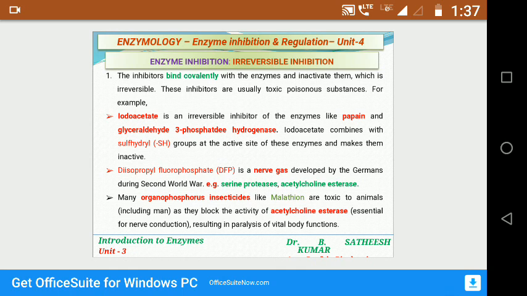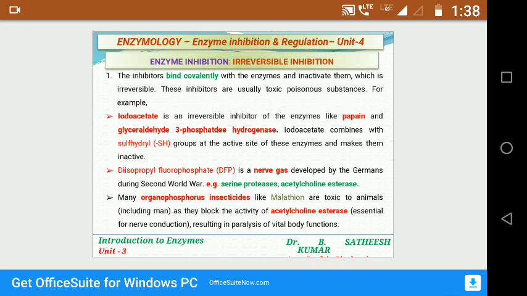One more important example that we generally observe is many organophosphorus insecticides. Whatever pesticides or insecticides we use in agriculture, most of them are irreversible inhibitors. They block the activity of acetylcholine esterase, which is essential for nerve conduction.